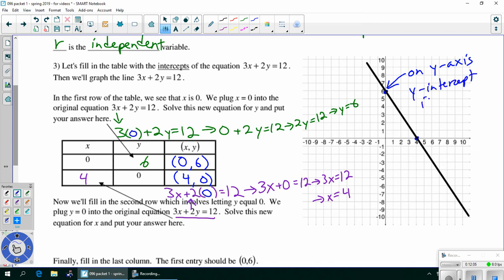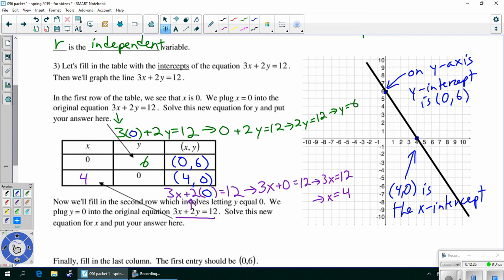The point 0, 6 is the y-intercept. Likewise, this point right here, 4, 0, is called the x-intercept. It's the place where the graph, the diagonal line, crosses the x-axis, touches the x-axis.